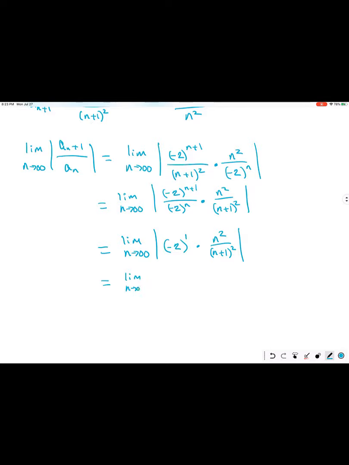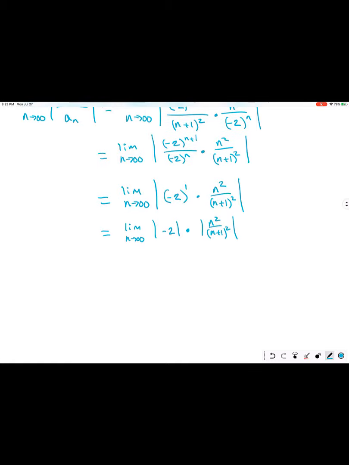So then this is equal to the limit as n approaches infinity of the absolute value of minus 2, multiplied by the absolute value of n squared over n plus 1 quantity squared. The absolute value of minus 2 is positive 2, so I can pull that outside the limit, so I have 2 times the limit as n approaches infinity of n squared over n plus 1 quantity squared inside the absolute value symbol.